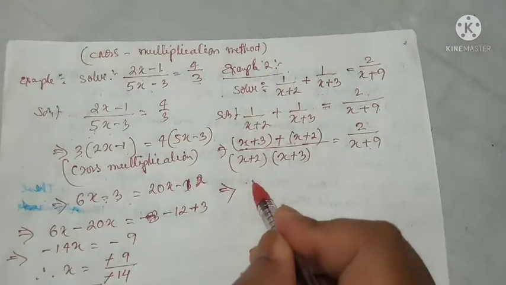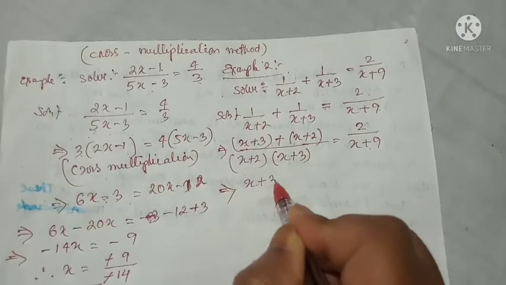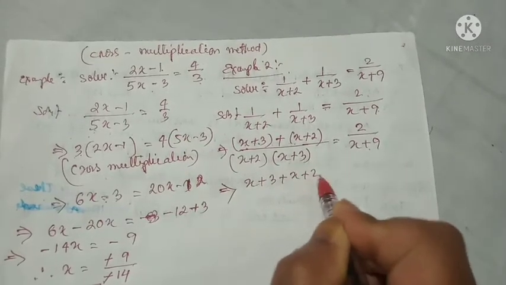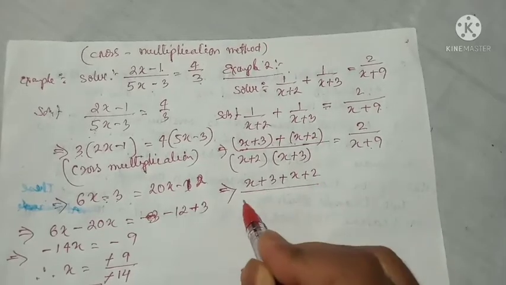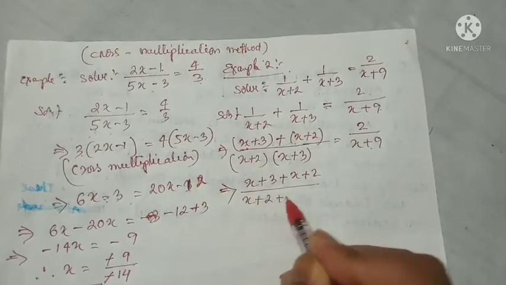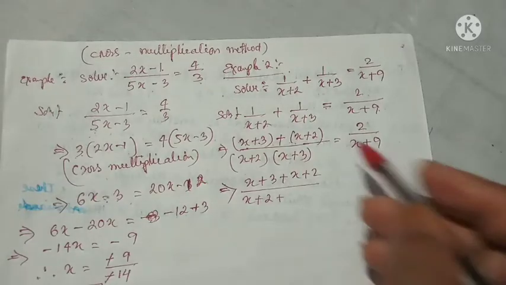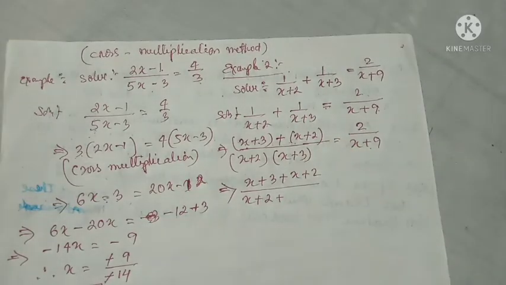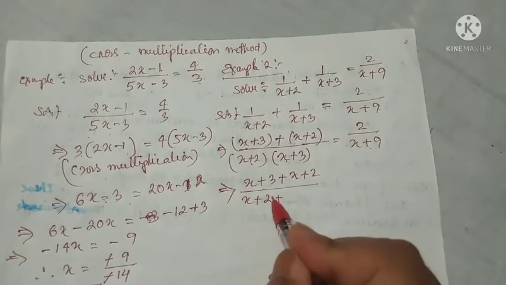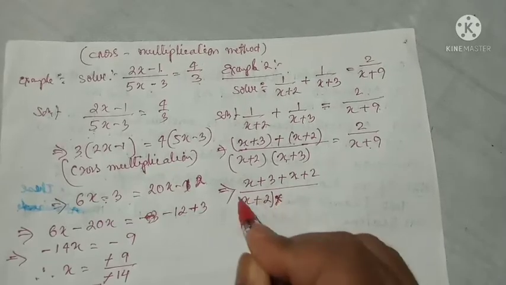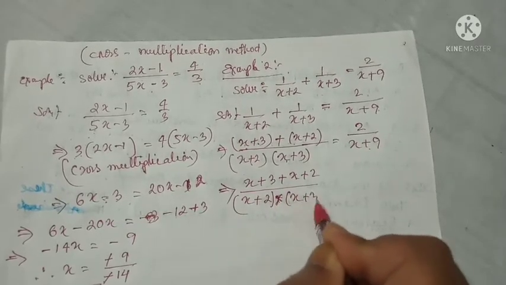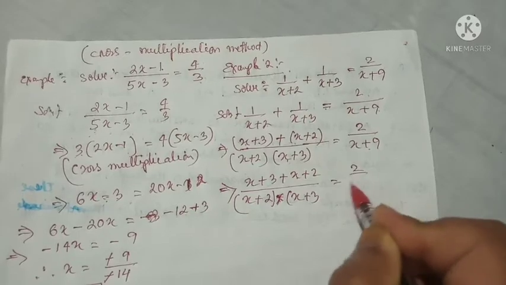If you open the bracket, you will get x plus 3 plus x plus 2. In the denominator, here is a multiplication. So the numerator is x plus 3 plus x plus 2, which equals 2x plus 5.